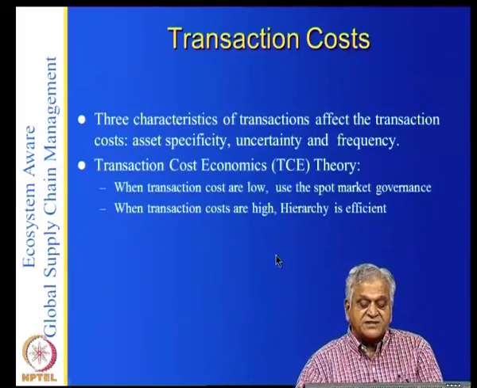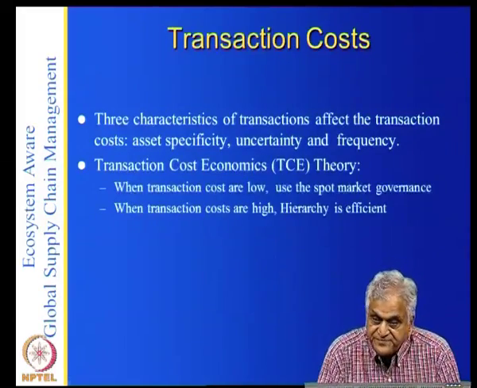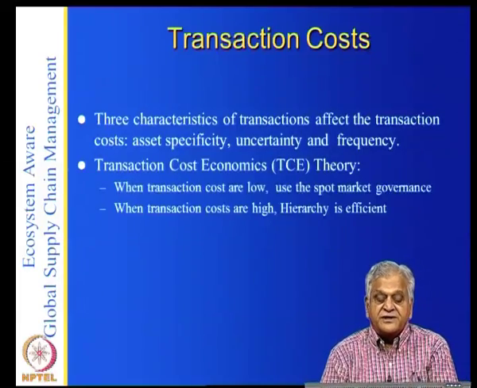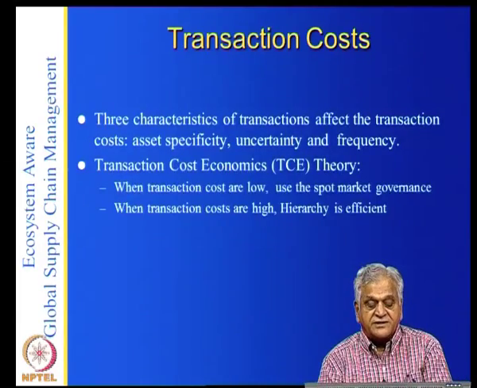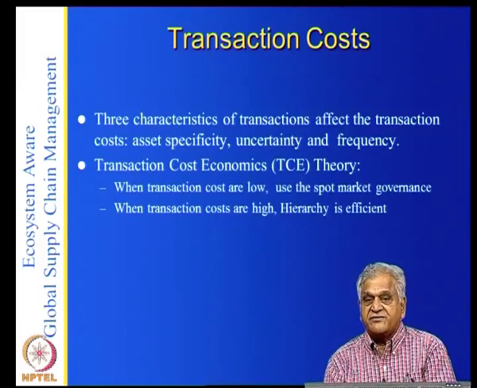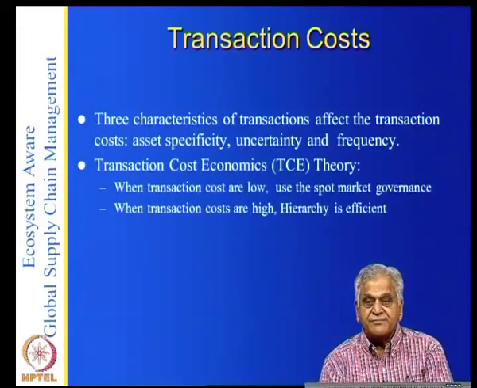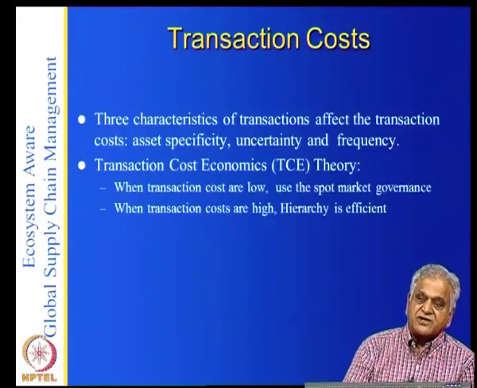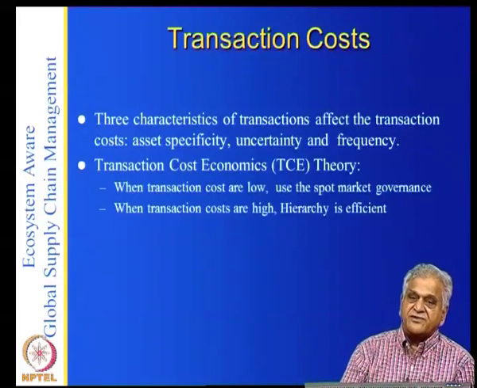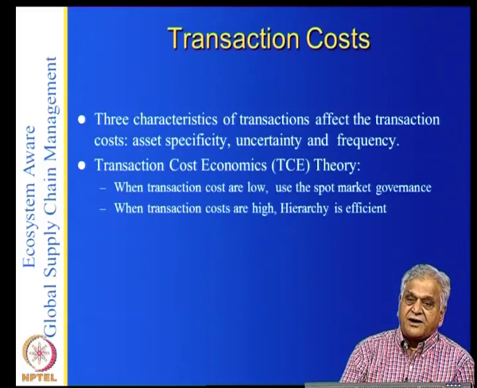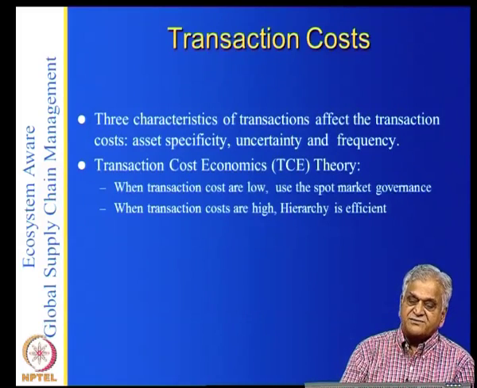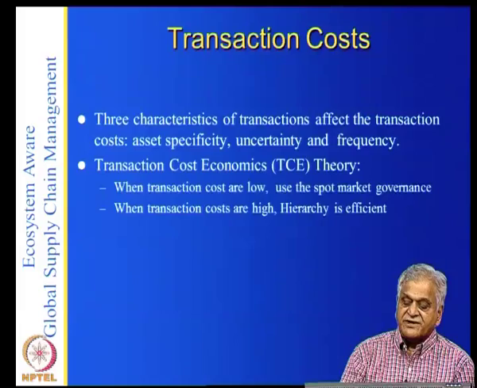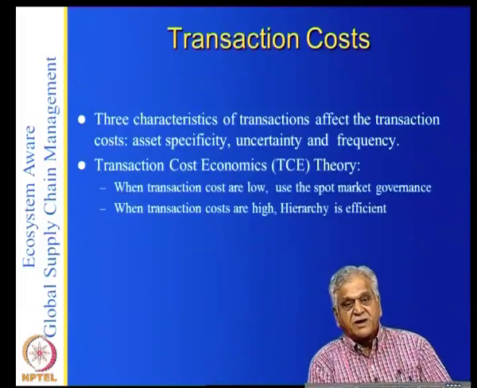And then transaction cost economics, TCE theory. The TCE theory says when transaction costs are low, use the spot market governance. In other words, you can easily connect to somebody who is the best supplier for you, and you know what the cost of transportation and all that is. You can evaluate. When it is low, you use the spot market.